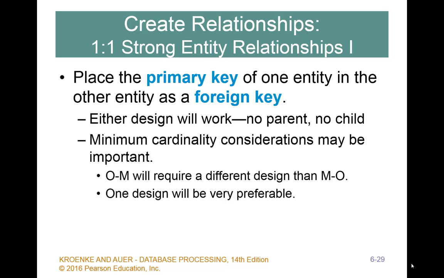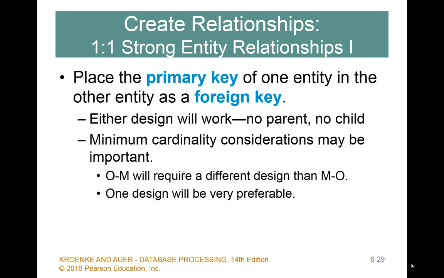So first, in terms of primary key and foreign key placement of one entity into another entity, in a one-to-one situation, since there is no parent and there is no child, it really doesn't matter. So either design will work. If you have a one-to-one binary relationship between two entities, you can take the primary key of one and put it in the other, and then vice versa.